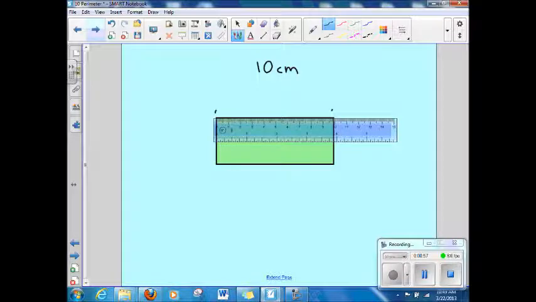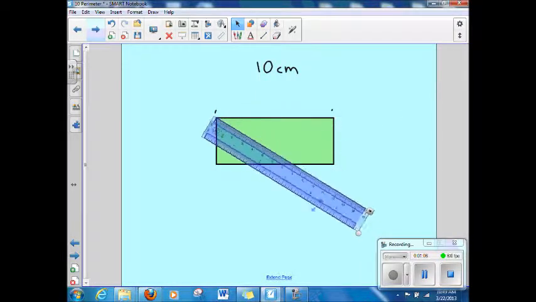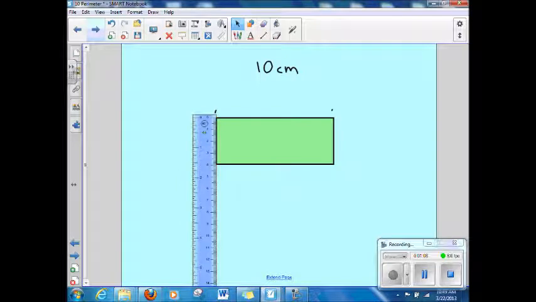If I'm finding the perimeter, I'm going all around the outside edge. Let me swing this ruler down, and let's go this direction and measure this edge. That side is 4 centimeters.